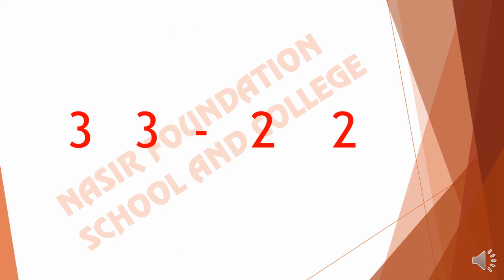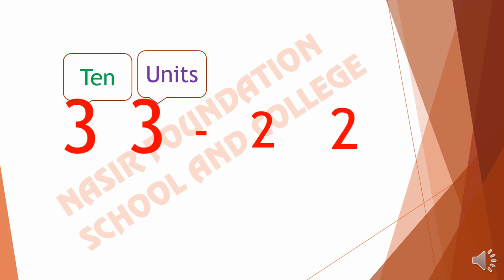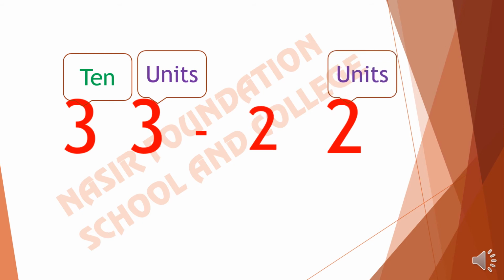We have to subtract 22 from 33. 3 is placed at units place, whereas this 3 is placed at tens place. In 22, the 2 that is on the right side is placed at units place, whereas 2 on the left side is placed at tens place.